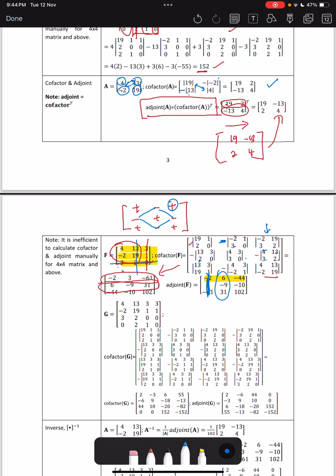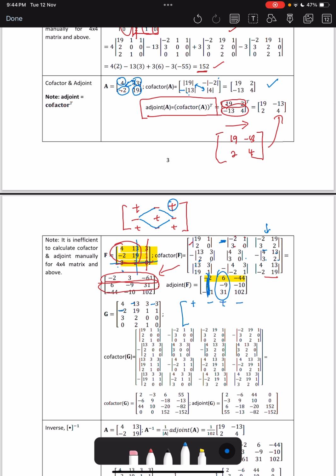Okay. So the cofactor of 4 times 4 also uses the same concept. It's just that now the negative is this way. This one positive, negative, positive. Let me redraw.